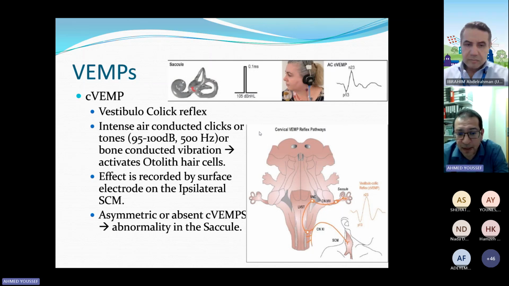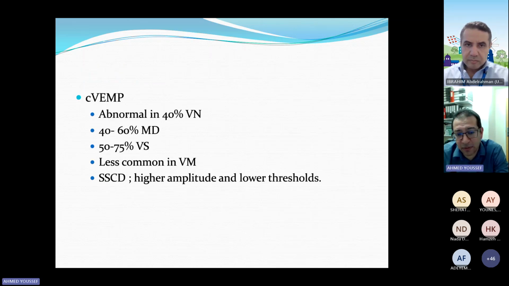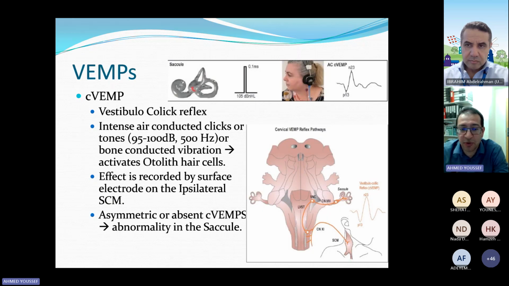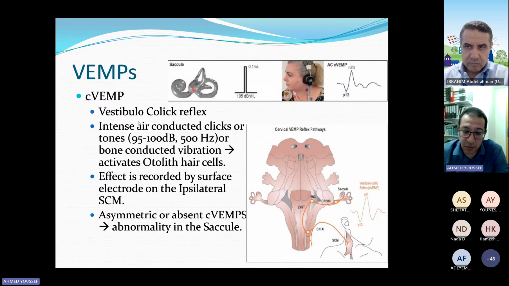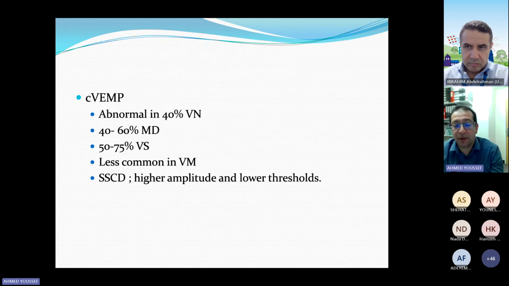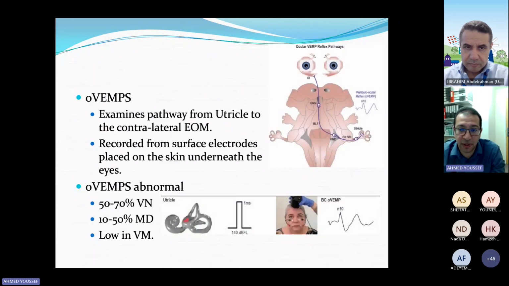And it's not just the amplitude that gets measured, but also the threshold, because as we mentioned, we use 95 to 100 dB clicks to evoke this potential. You may find that with superior canal dehiscence it can go down to 85 and maybe even 80. In a normal ear, if you go below 95, you will have no reflex. So with superior canal dehiscence, the C-VEMP shows higher amplitude and lower thresholds as well.